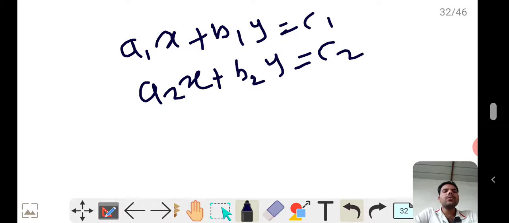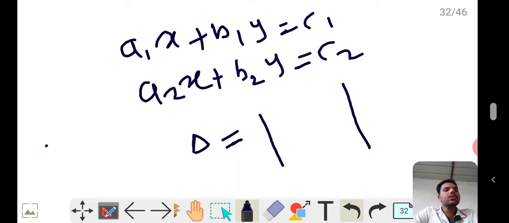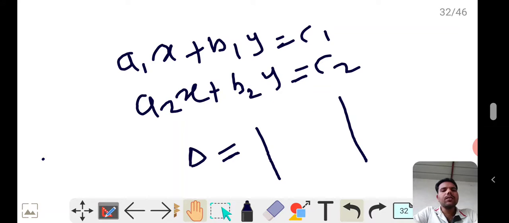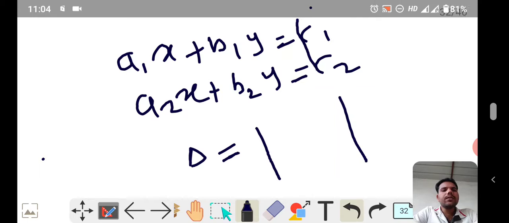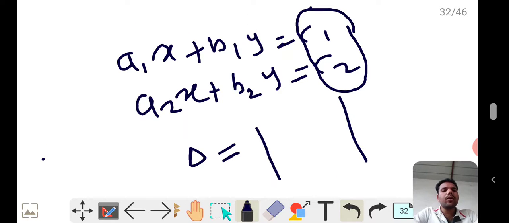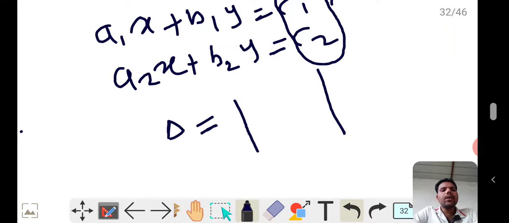So how to find the value of these determinants, let's see. To find the value of delta, we will take the determinant by omitting the constant terms. So the delta value is equal to the determinant with rows a1 b1 and a2 b2.